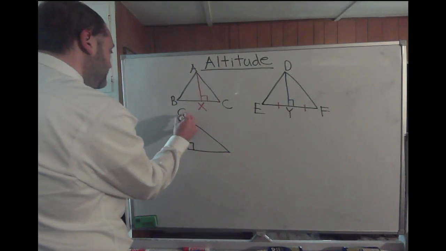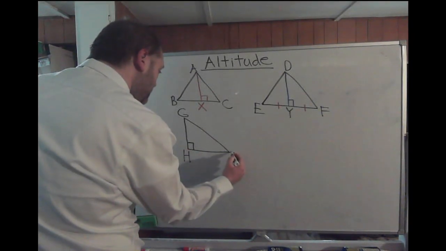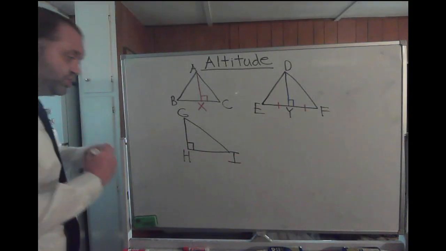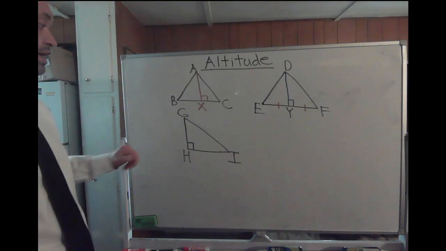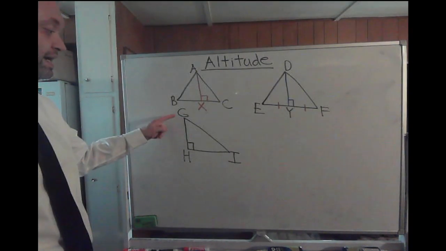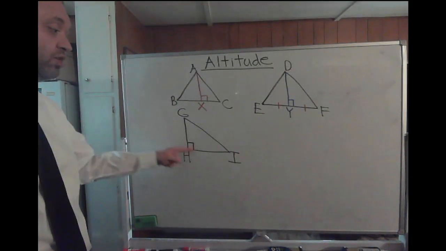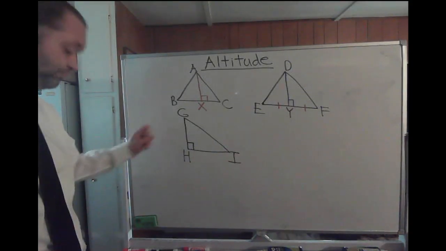Alright, GHI. Okay, so we have triangle GHI here. In a right triangle, often the leg that's standing up is considered the altitude of a right triangle. So GH is not only the side of this right triangle, it's also the altitude of the right triangle.